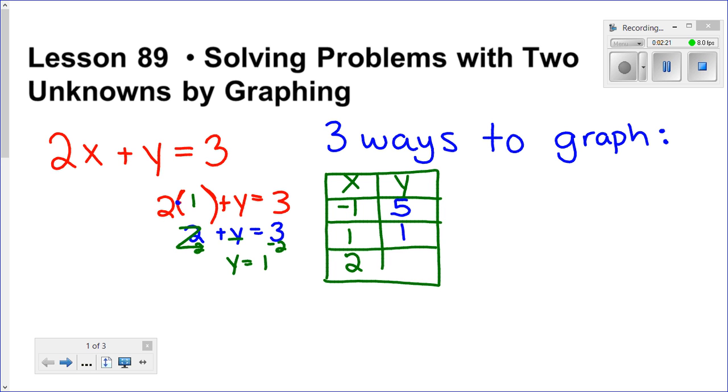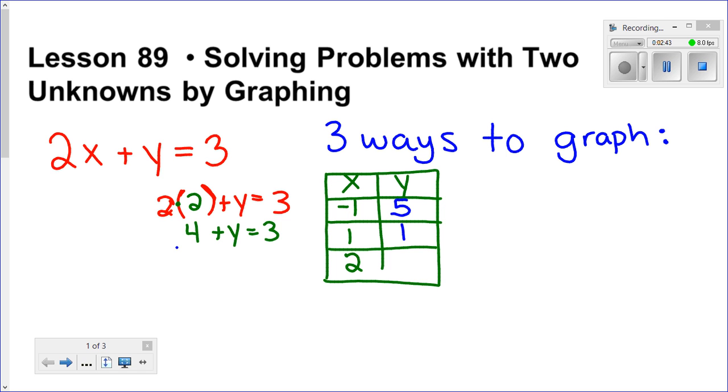And our last one we are going to complete here is going to be the 2 value that we have down there. So when we plug a 2 in, what is our y? Our first step is to multiply. 2 times 2 is 4, plus y equals 3. How do we get y all by itself?